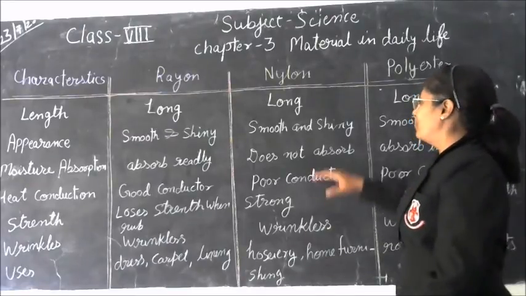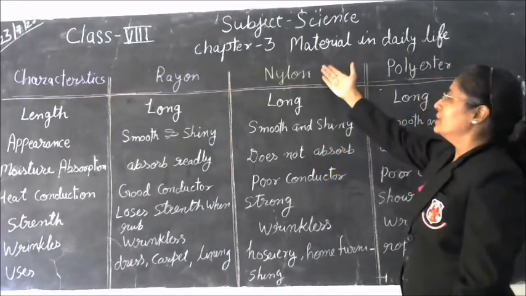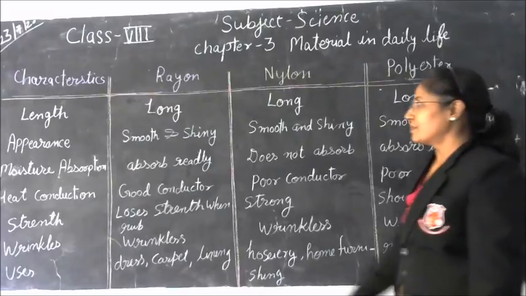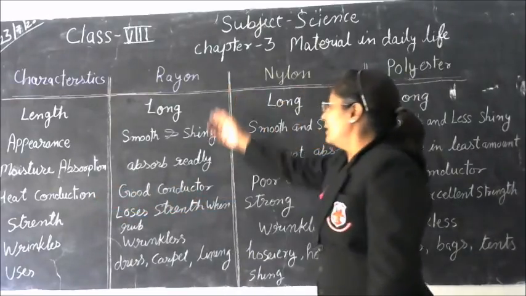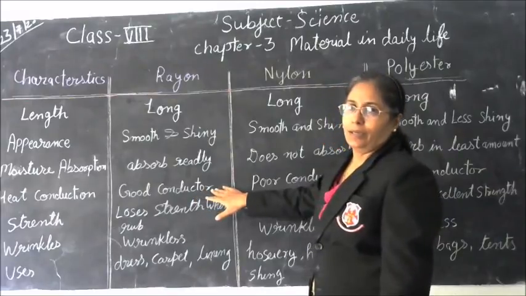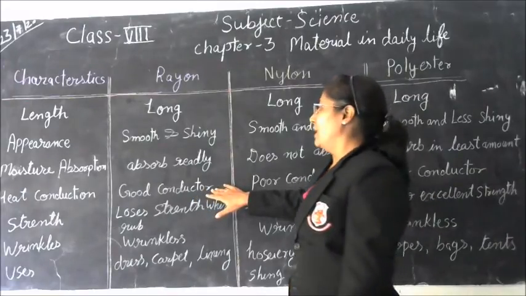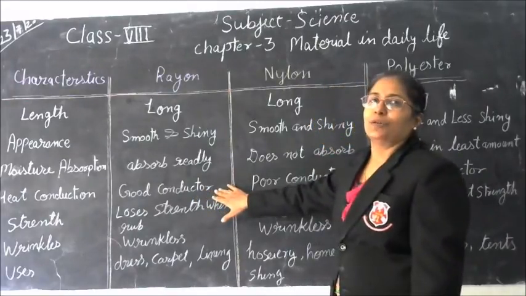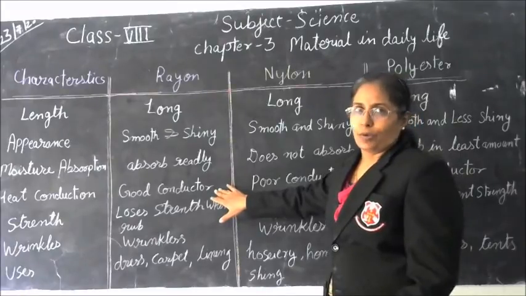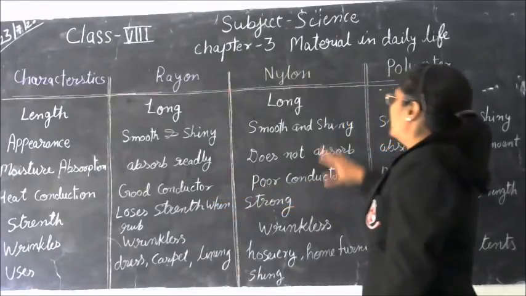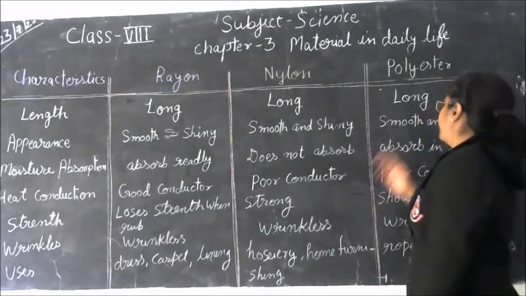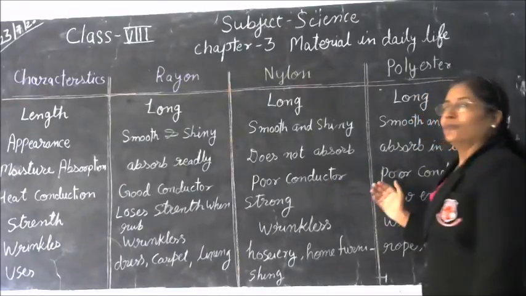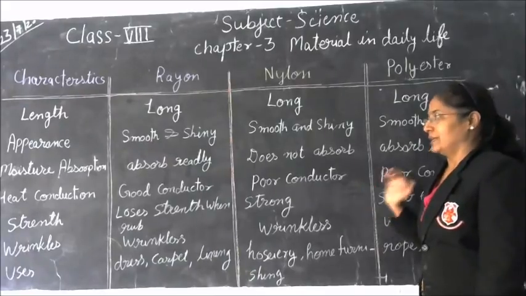That is the biggest drawback of synthetic fibers. Heat conduction. Rayons are very good in heat conduction, and that is why they are used in warm clothes. Nylons are poor conductors of heat, and polyester is also a very poor conductor of heat.